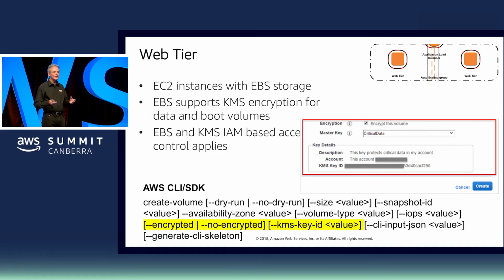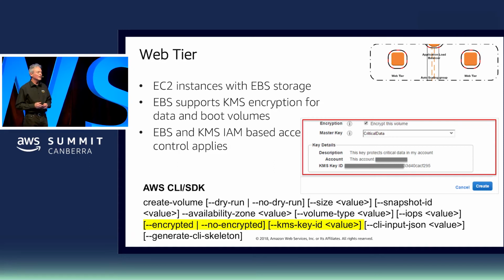Now EBS directly supports KMS, and so what that means for both data and boot volumes, you can go into the console like I've shown here. I've just cut out part of the console relevant to KMS. You can see there you can just hit a checkbox, and importantly then also select what customer master key you're using for this. And then once you've done that, your data is being encrypted at rest by the EBS service.